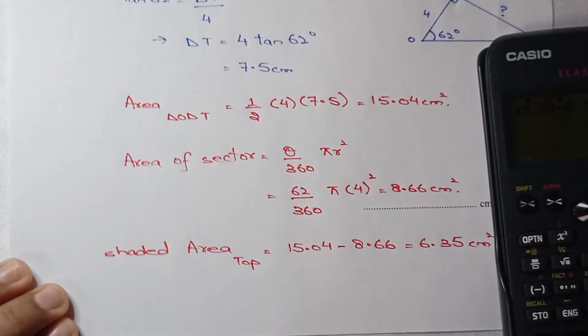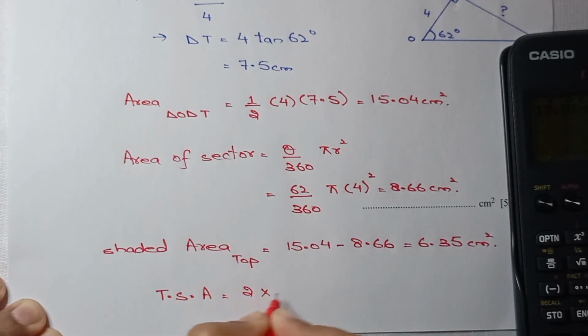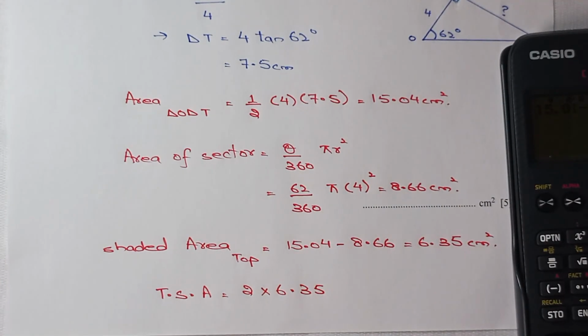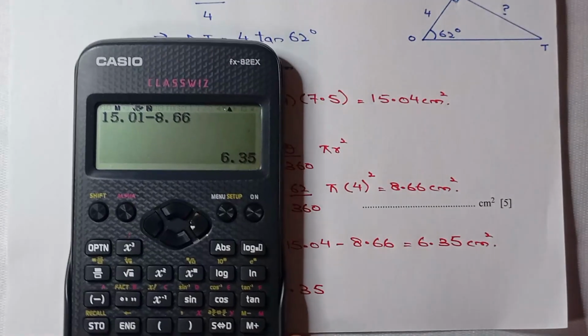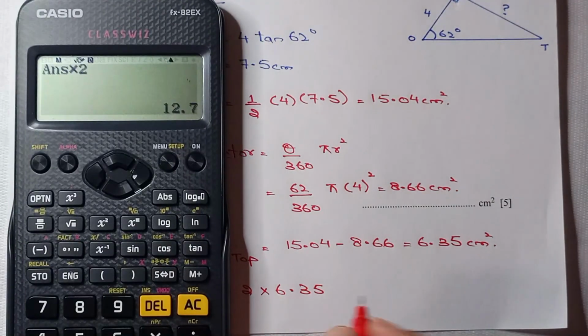This is for the top shaded area. So for total shaded area, we have 2 times 6.35 because the bottom region is also the same, right? So we have times by 2, so this is 12.7 centimeter square.